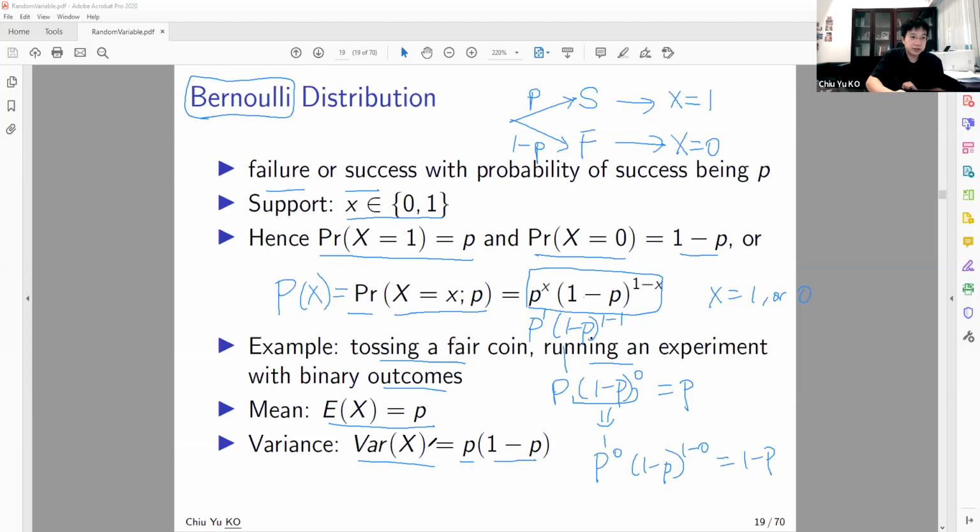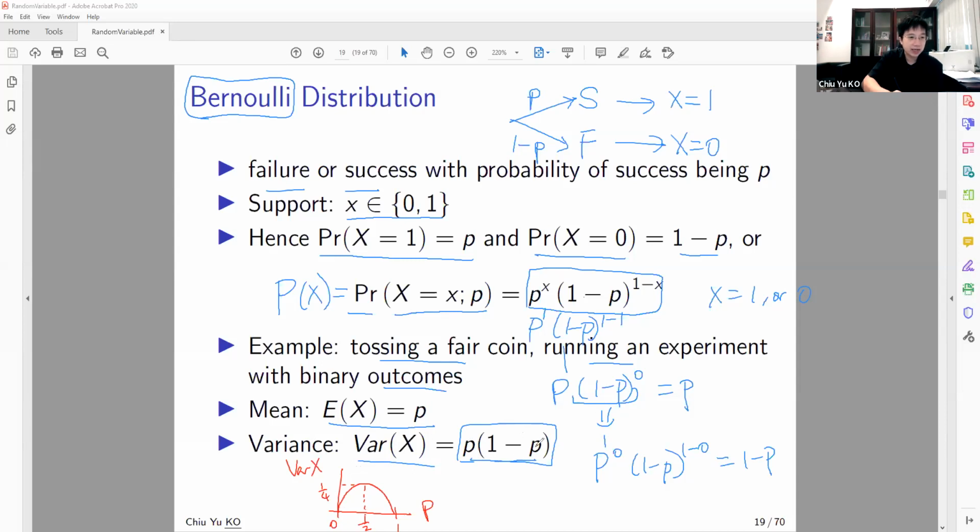This is rather interesting because if you recall the math you learned, you can draw P against the variance of X. This is 0, this is 1, and this is the shape. This is 1/4, a standard thing you expect.